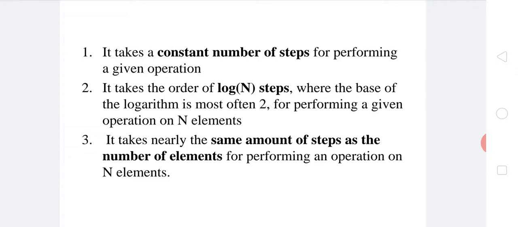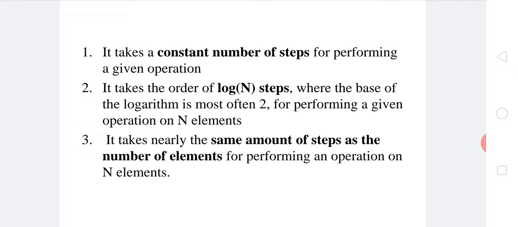Linear complexity means that the number of elements and the number of steps are linearly dependent. For example, the number of steps for n elements can be n by 2 or n steps required. Then the next complexity we will see is quadratic.